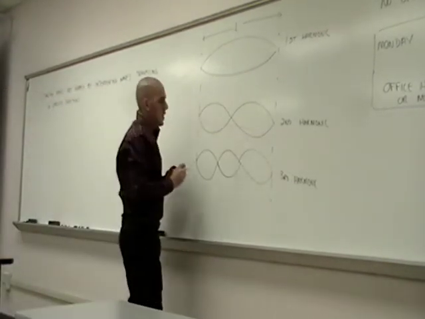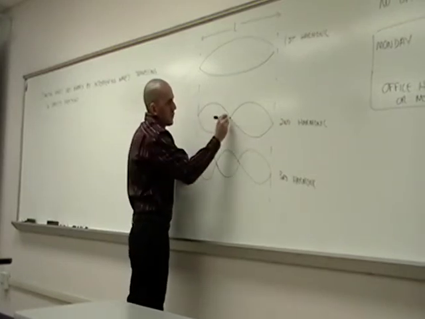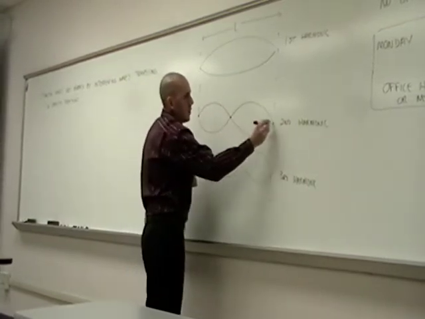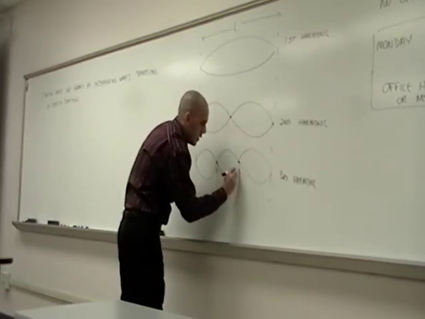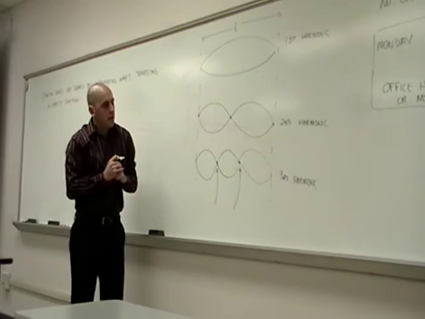These points right here, or these points right here, are called nodes.